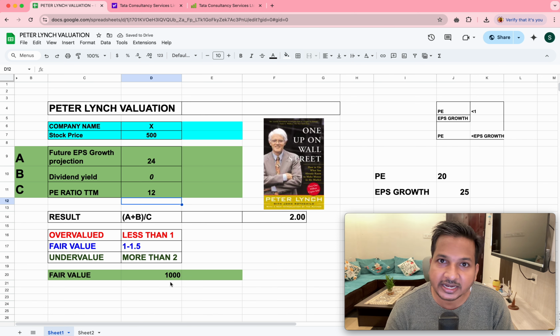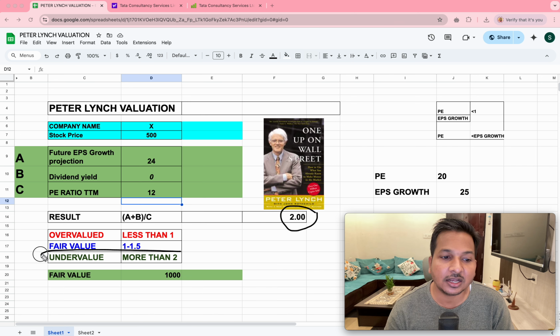So I simply bought it, because I know it's lesser than, with this ratio you see here. My dear friend, you see it came 2, and 2 is undervalued. This is how you should think about this valuation, this concept and this learning.